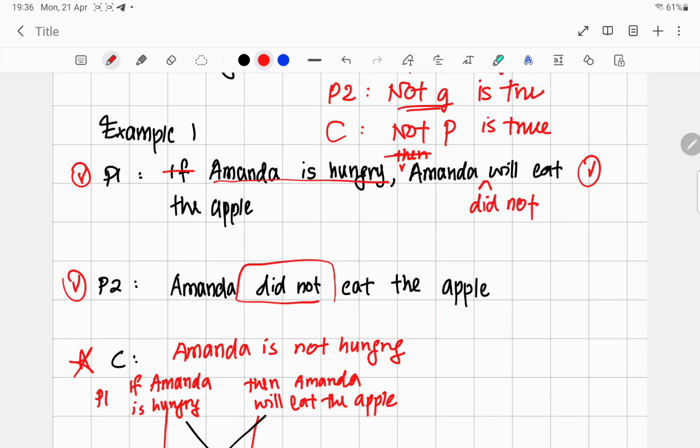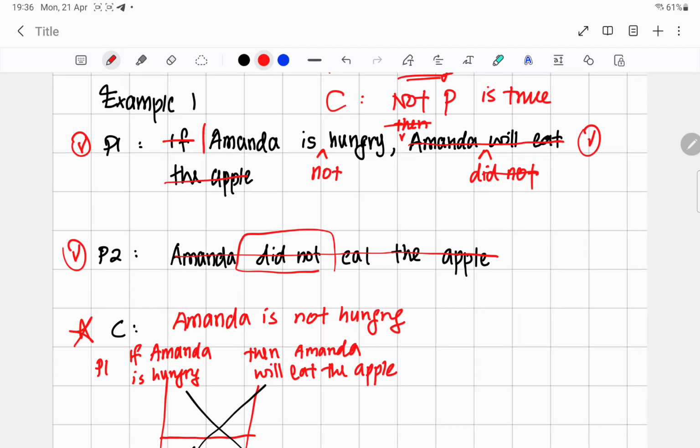So after you change it to negative, Amanda is not hungry. Then you cut off the same thing, Amanda did not eat apple. So what are you left with? You are left with Amanda is not hungry. So this is your answer.